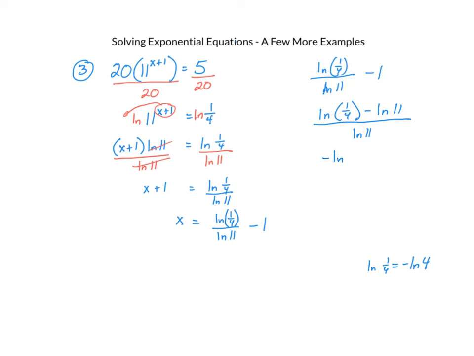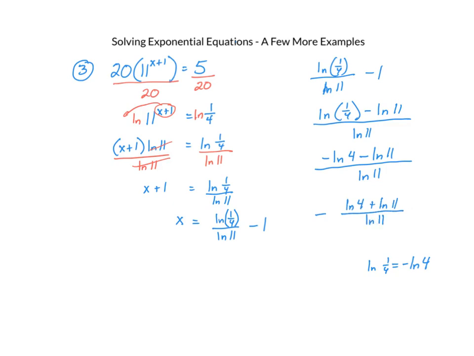Negative natural log of 4 minus natural log of 11 all over natural log of 11. Let me do something else. See how there's a common factor of -1 here? We could factor that out and put it in front. Let's do it. Negative natural log of 4 plus natural log of 11 divided by the natural log of 11.